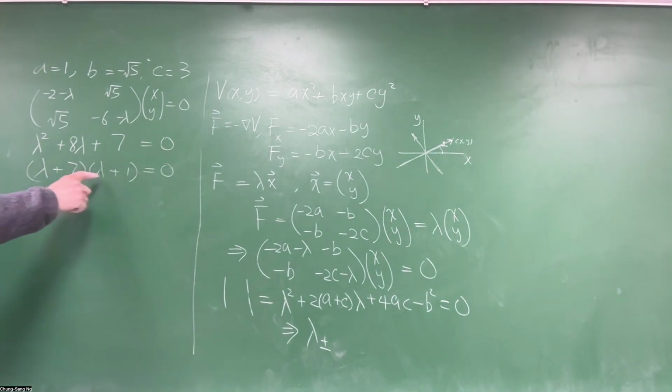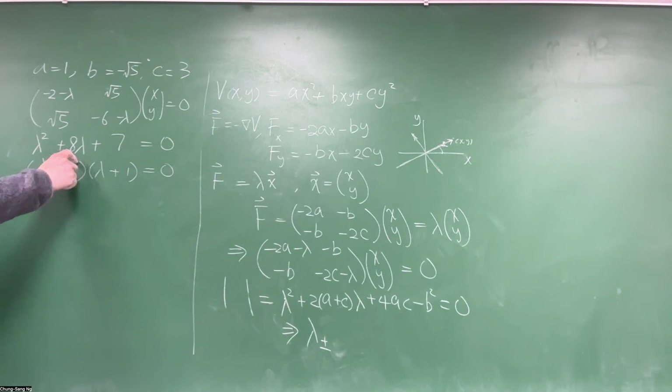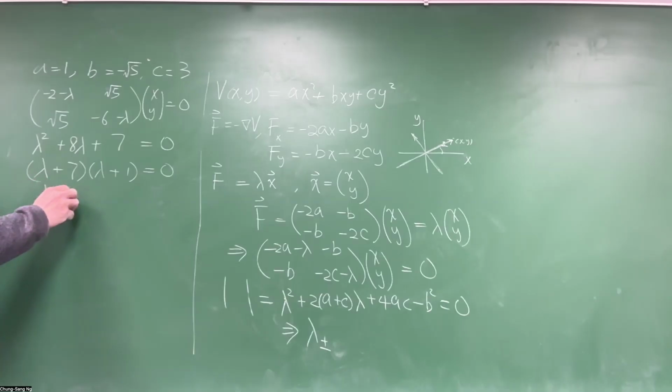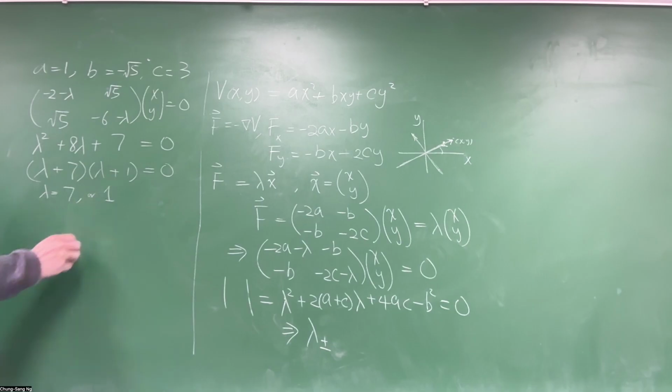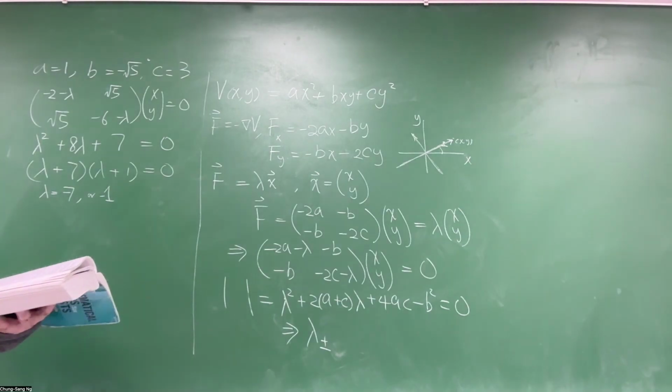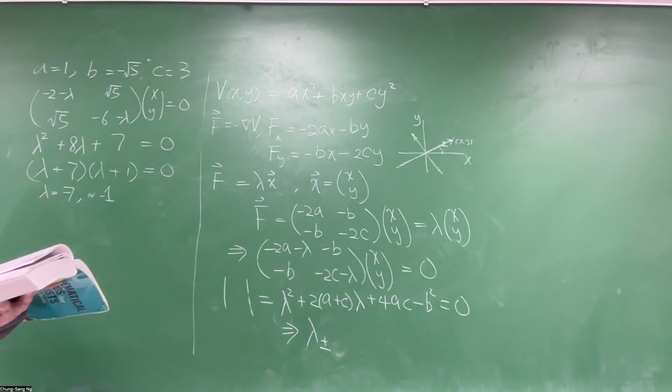So there are two solutions. So lambda equals minus 7 or minus 1. All right, so that's straightforward.